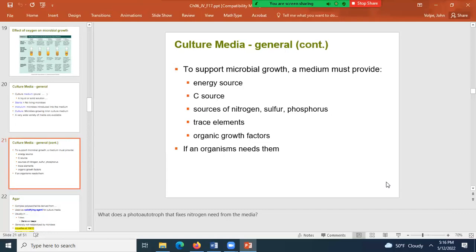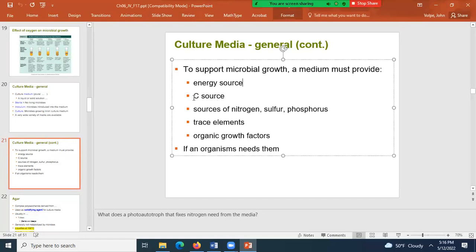Now, we won't obviously talk about all those different types of media, but media need to support microbial growth. A media must provide an energy source, and that's usually something like protein or carbohydrates, like glucose. And it must provide a carbon source.